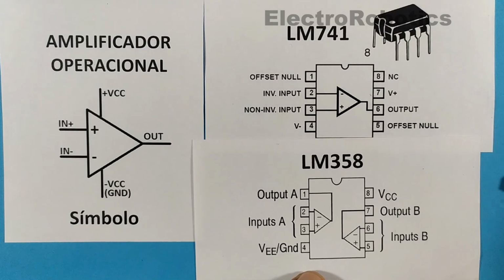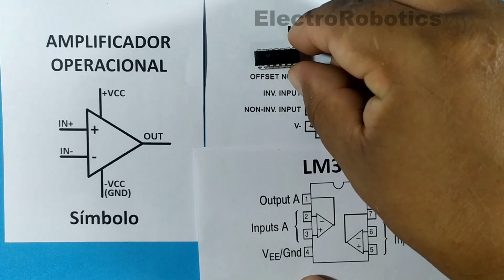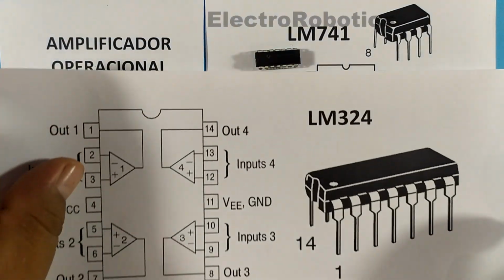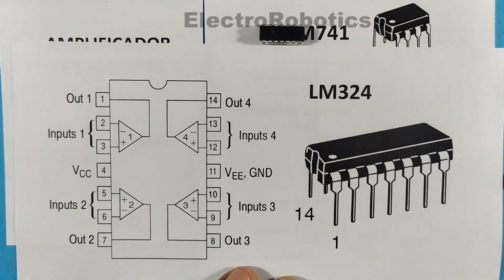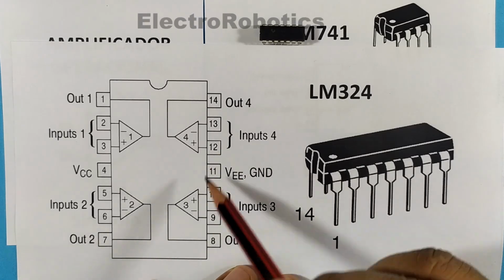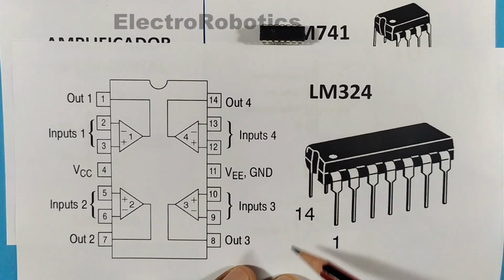And we can even have much more. Here I have an LM324, which has 4 operational amplifiers. As you can see here we have 4 operational amplifiers. So this one here is quite used.